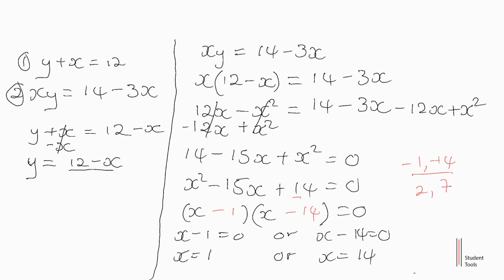So the next thing we have to do is find the y values when x is equal to 1 or when x is equal to 14. Alright, so let's do this. X is equal to 1 and x is equal to 14.